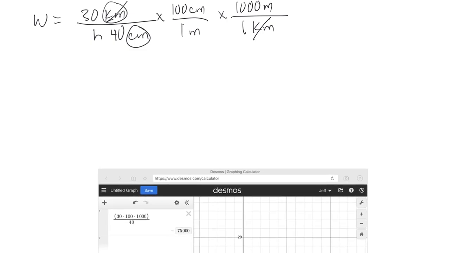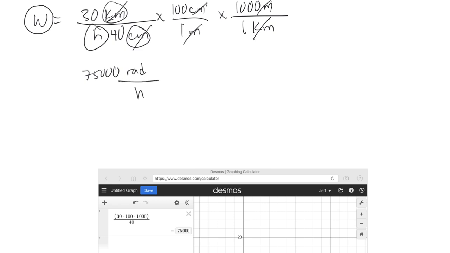So I get 75,000, but I don't know what my units are because the kilometers cancel, the centimeters cancel, so do the meters. So I really don't have a unit on the top. But you have to remember that angular velocity is measured in radians per whatever time. So this would come out to be radians per hour.